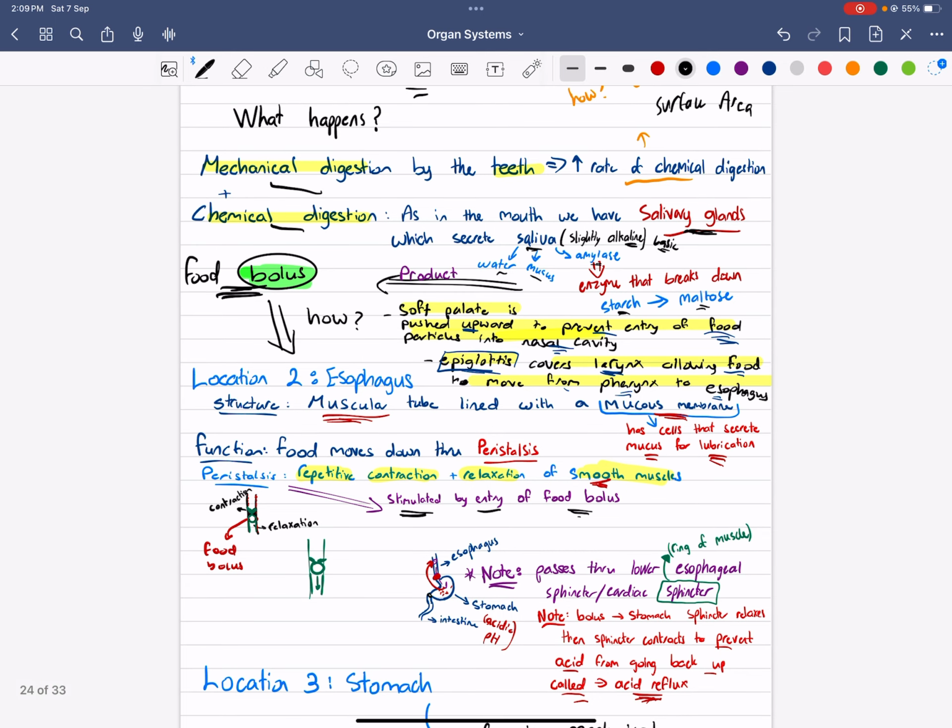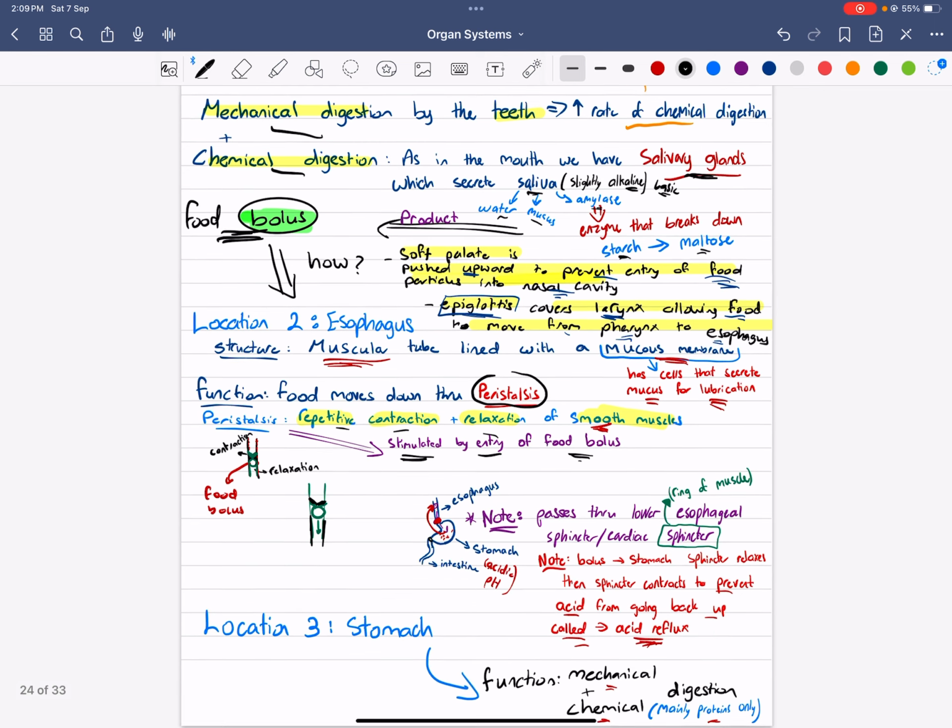And remember, we said the epiglottis covers the larynx to allow the food to move from the pharynx to the esophagus, and the soft palate is pushed upward to prevent the entry of food particles into the nasal cavity. And then the food bolus in the esophagus is transported into the stomach through what method? Through peristalsis, which is the repetitive contraction and relaxation of smooth muscles. And remember, we said the muscles contract above the food and relax under the food.